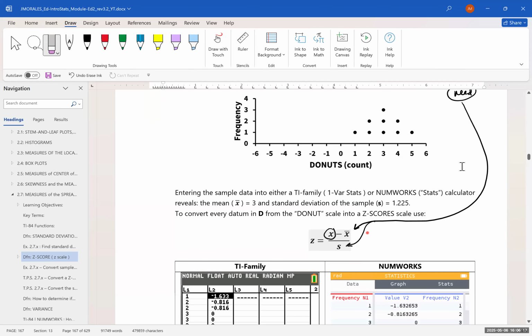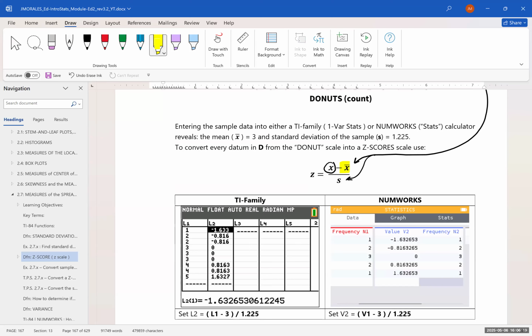Now that we've calculated X bar and s, we can go about calculating our Z-score. What we need is to create in our calculators an equation with this expression in it. I've done things a little bit differently than what I have in these screenshots. In the example I'm doing right now, list three is going to have all of my z-scores in it, so I'm going to set list three equal to this equation.